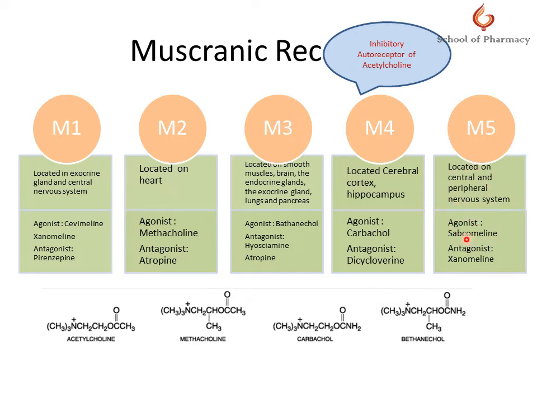Anyway, the agonist for this is sabcomeline and the antagonist is xanomeline. Sabcomeline works like acetylcholine, but since the receptor is not fully explored, very few activities are known for it.